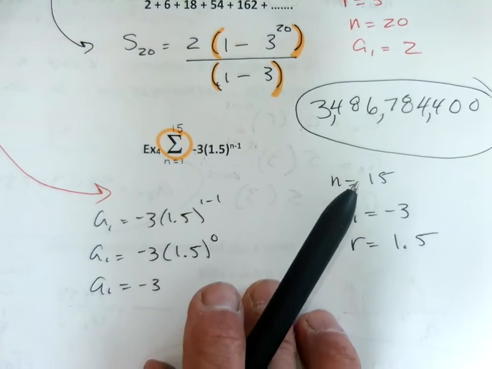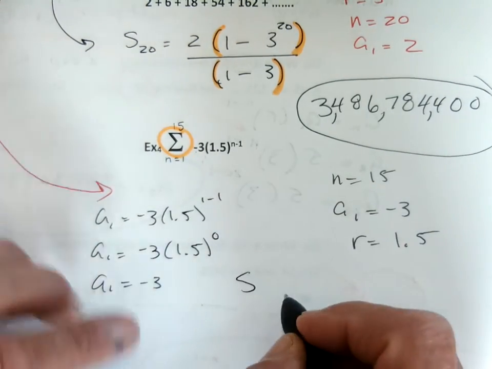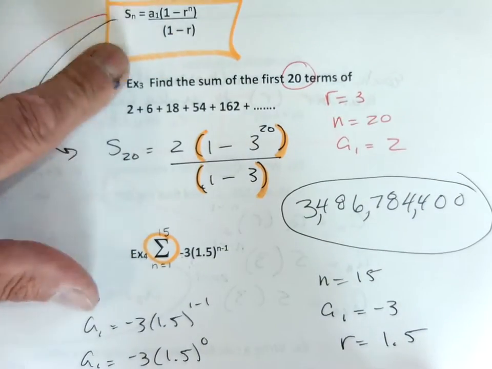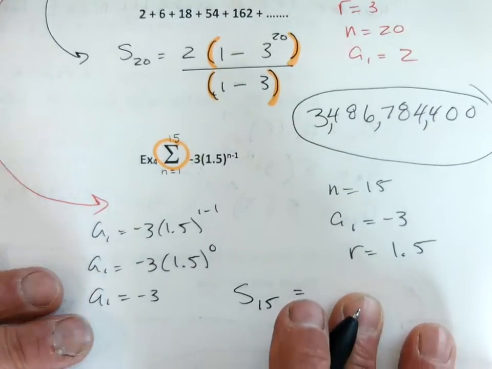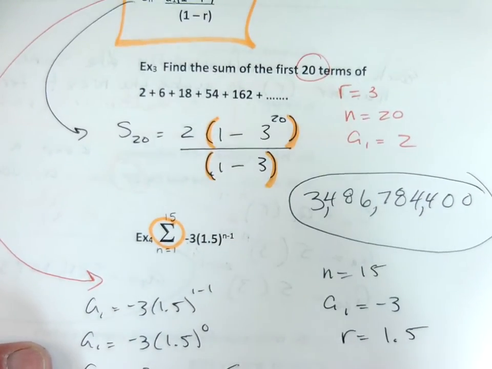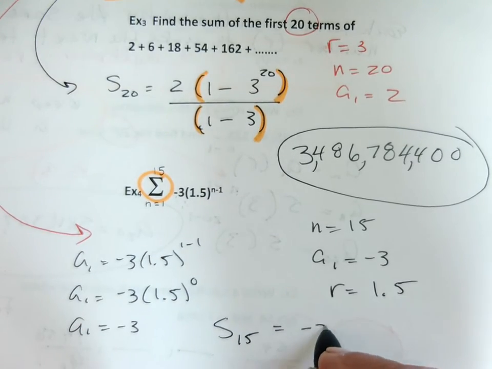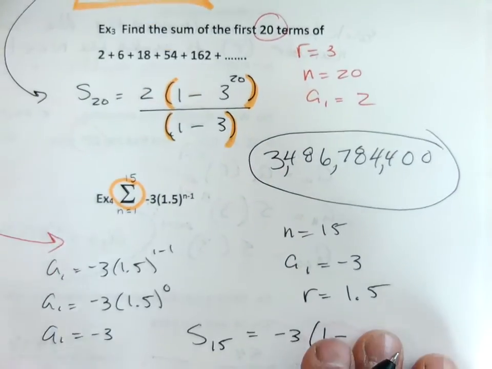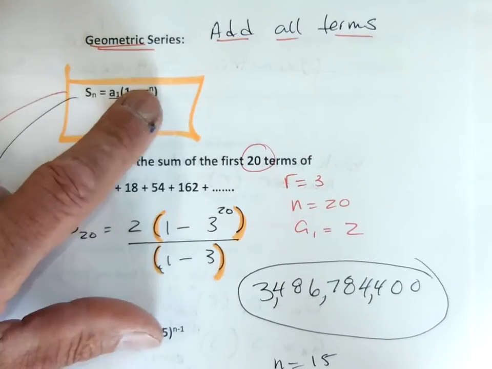So if I use my formula, right, I'm going to go S of 15. Because I'm using this formula. Okay, S of 15 equals A1. And A1 is negative 3 times 1 minus R, which my multiplier is 1.5, to the n power.